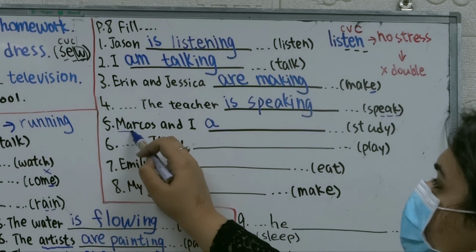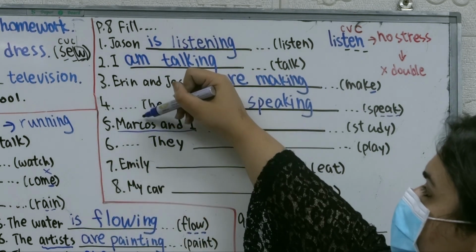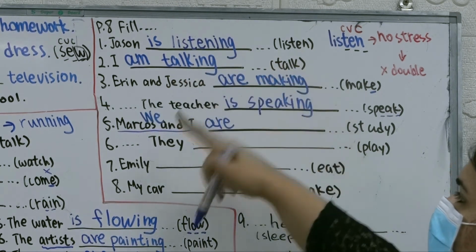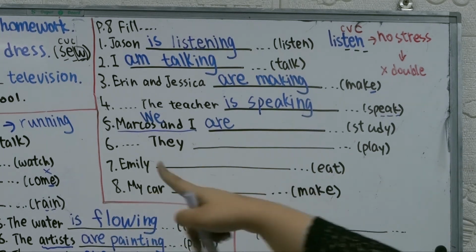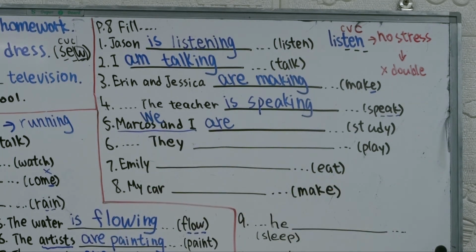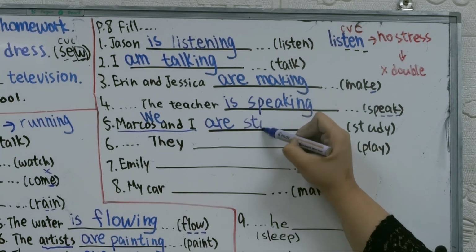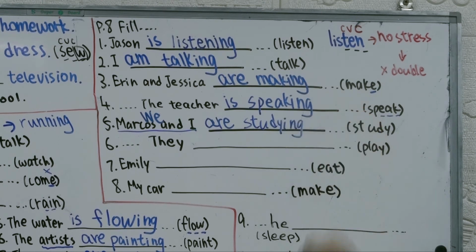The fact is, there are 2 people, Marcus and I. We use we for that. So remember, it's forever followed with R. It's still we, right? I with someone. So that's why we use R. Study becomes studying. Marcus and I are studying English now.